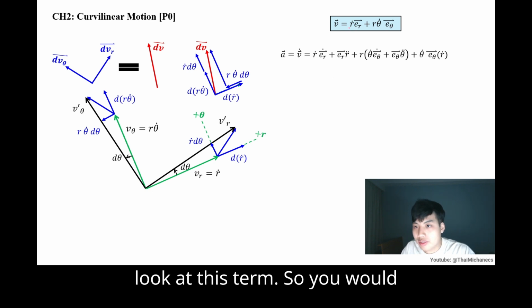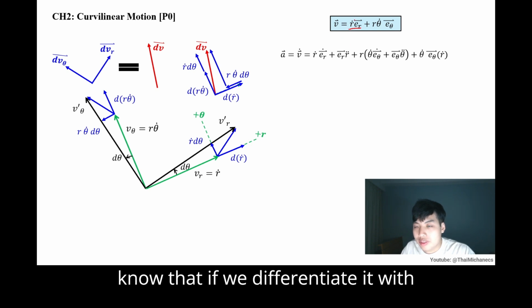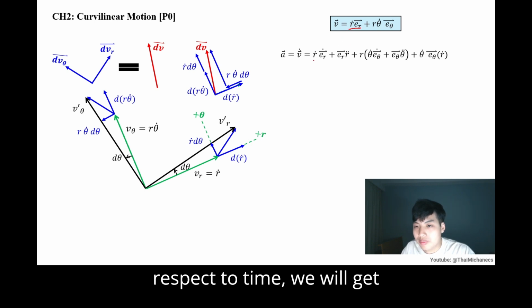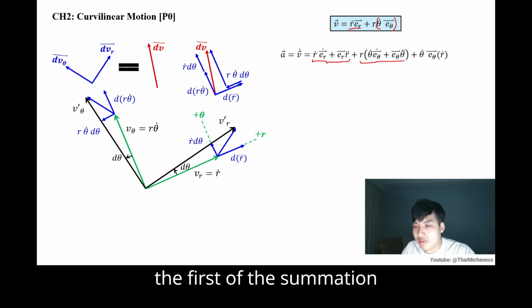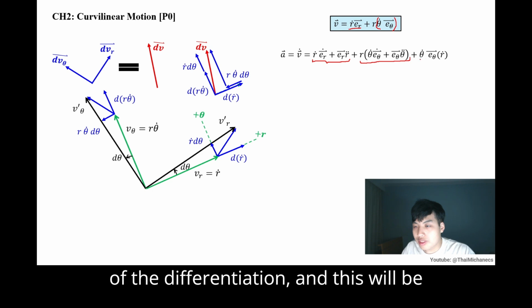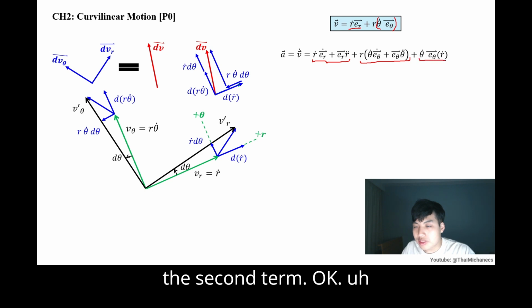Firstly, look at this term. If we differentiate it with respect to time, we get this product, these two terms. If we group them like this, you will see this is the first term of the summation of the differentiation, and this is the second term.